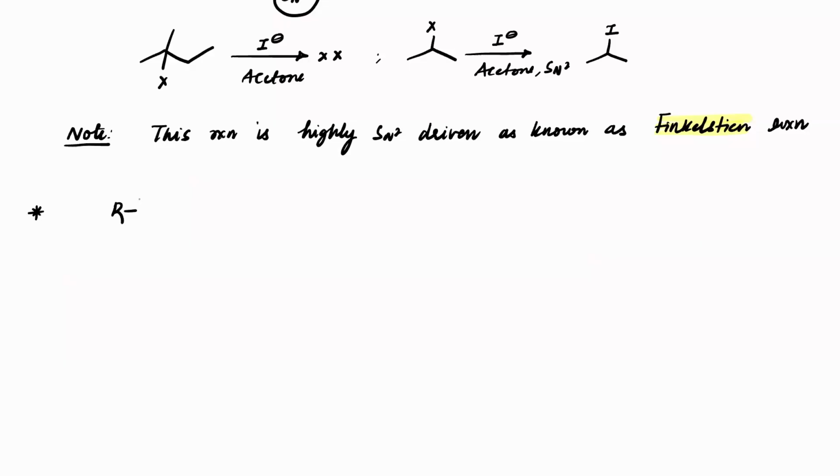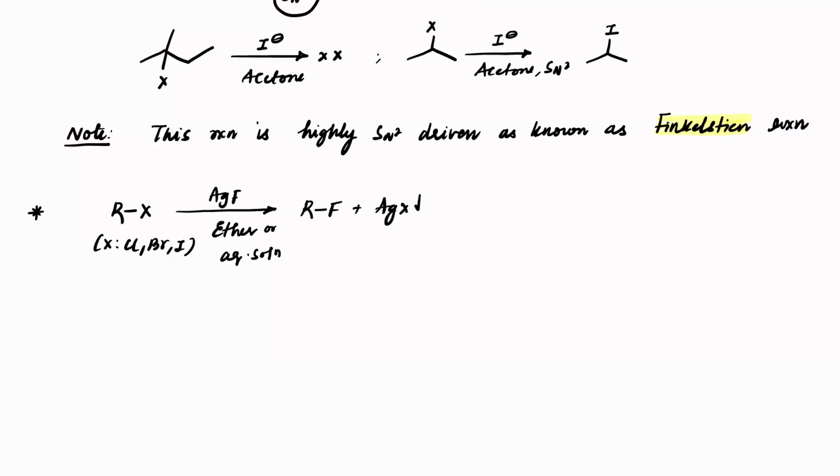If you react RX, where X could be chlorine, bromine, or iodine, with AgF, in the presence of ether or any other solvent, or even in aqueous solution also. But typically in aqueous solution, alcohol formation is more observed, so we'll try to avoid the aqueous form. In that case, you will get RF plus AgX formation.